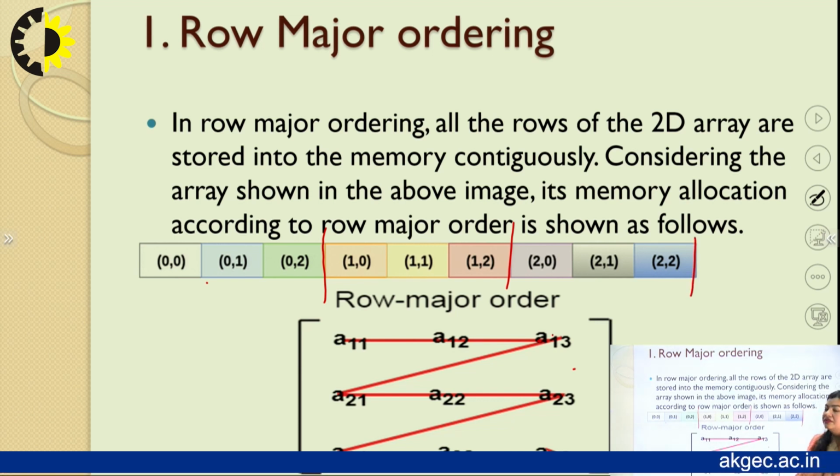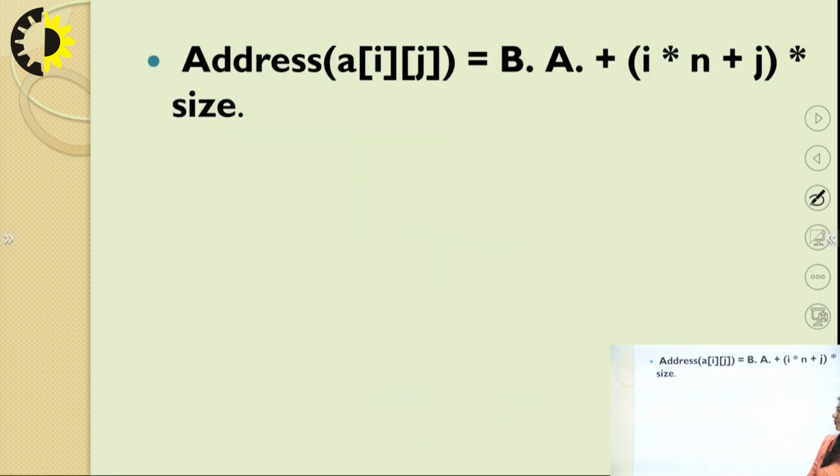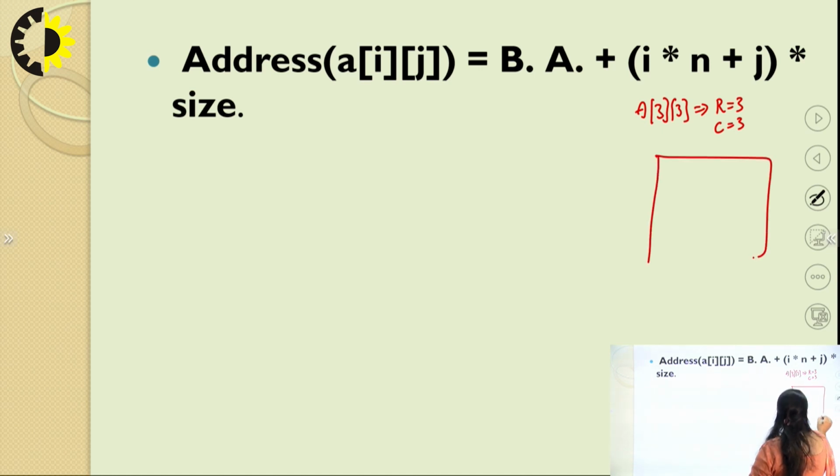Here the third row is complete. Then find the addressing of row major ordering. Suppose we have a matrix of 3 by 3, that means rows equal 3 and columns equal 3.